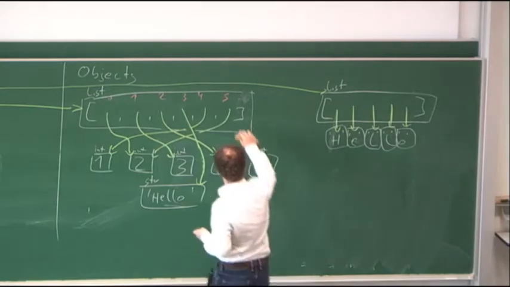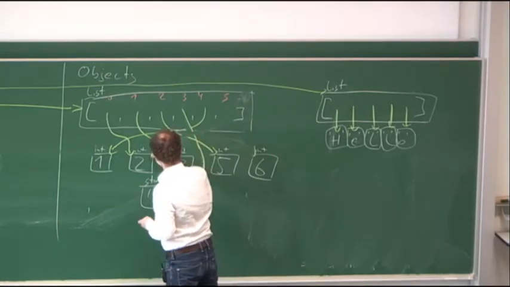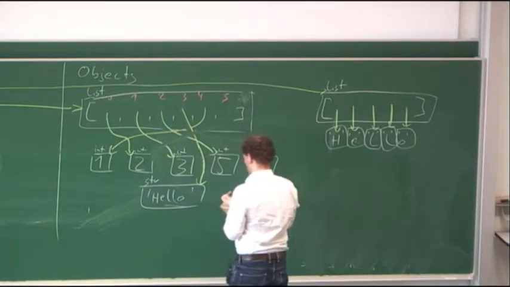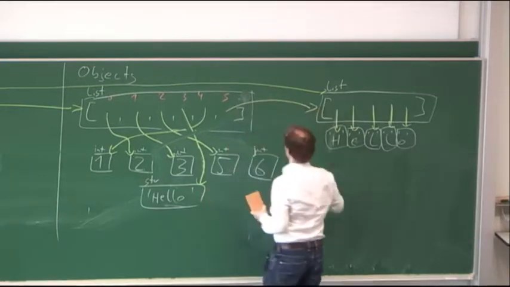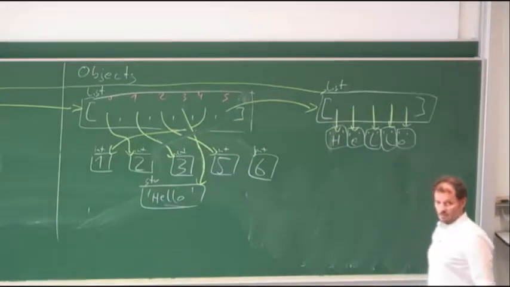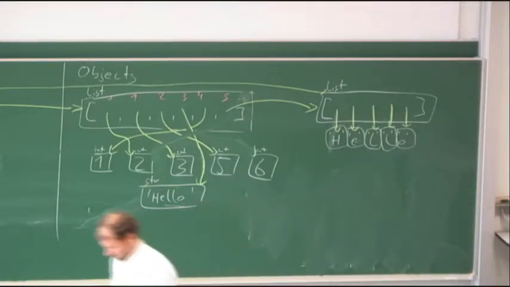So this element, position 5 here, now points to this list. So it can easily get a little bit complex with lists.